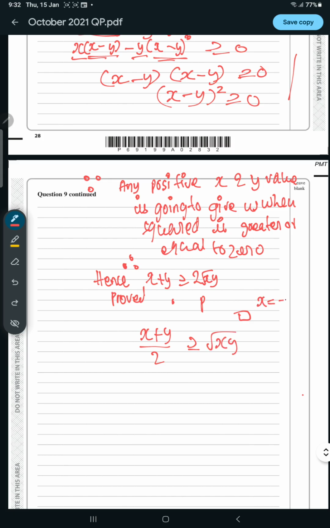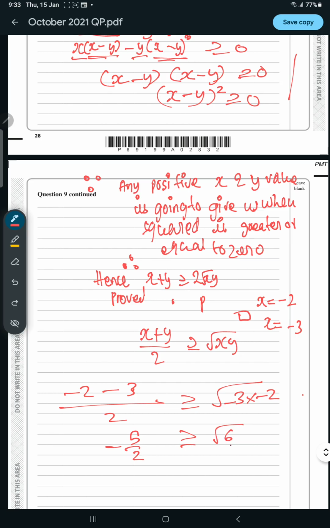So let's assume that x is minus 2 and y is, let's say, minus 3. So minus 2 minus 3 over 2, and this is root of minus 3 times minus 2. Minus 3 minus 2 is minus 5, so minus 5 over 2 is greater than root of 6, since minus 3 times minus 2 is 6.